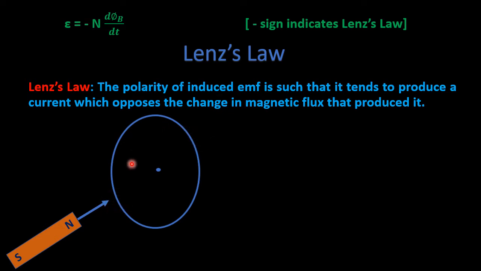So the side of the coil which is facing the north pole of the bar magnet, there the north polarity will be developed. This is possible only if the current in the coil is in counterclockwise direction. So let me denote by an arrow.